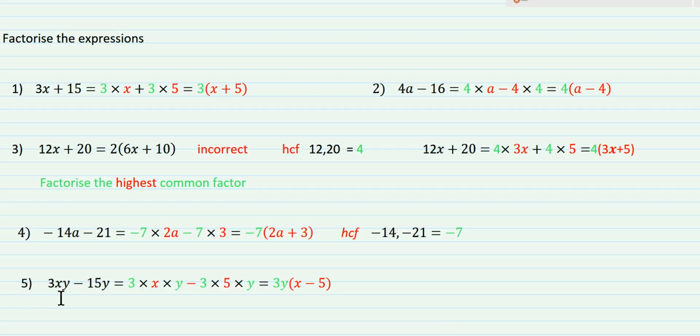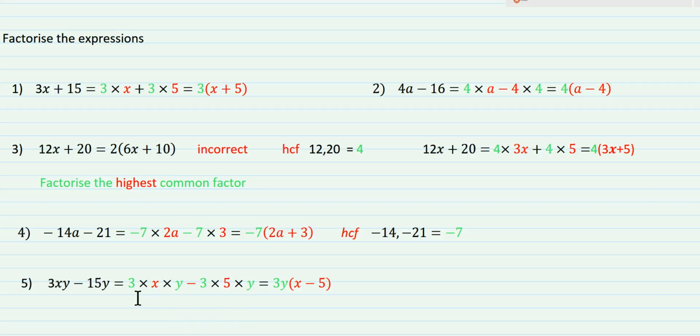Now question 5, 3x minus 15y. So you factorize this expression. So you can write it out like this. You can decompose it, 3 times x times y. And 15y, you could factorize 15 into 3 and 5. 3 times 5 is 15 times y.